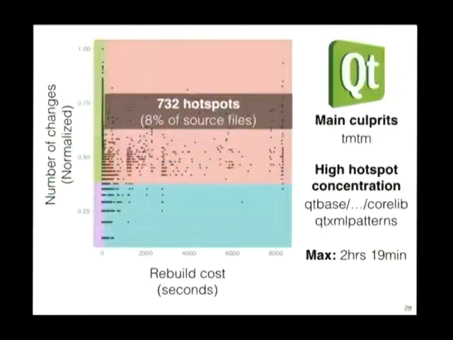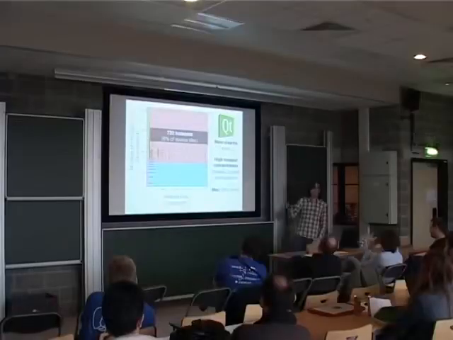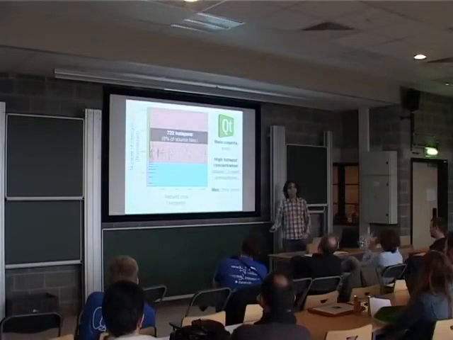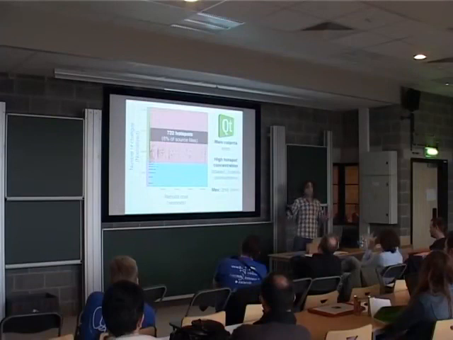When we turned to Qt, the poor guys with the 2-hour-long build, we found that there were a lot of hotspots, 732 or so, but it was roughly 8% of the source code files, so on par with what we were seeing in glib. As far as main culprits, we started trying to manually analyze this stuff, but 732 files was too much for us as outsiders looking in.